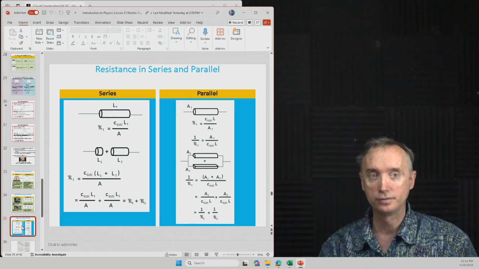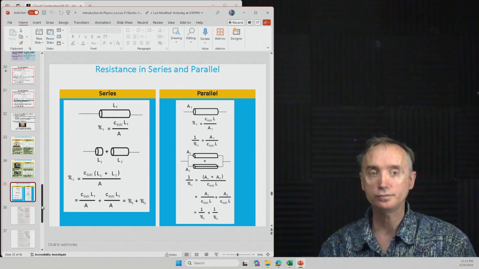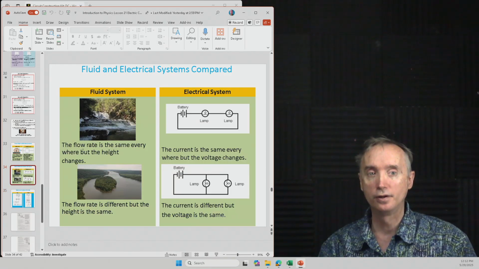And then down here, I talk about the formulas for total resistance in series and parallel. So you can read about that if you want to. And then here is a series circuit written in terms of waterfalls, and here's a parallel circuit written in terms of a river that is going around an island. So if you want to look at that, you can, but it's not important.